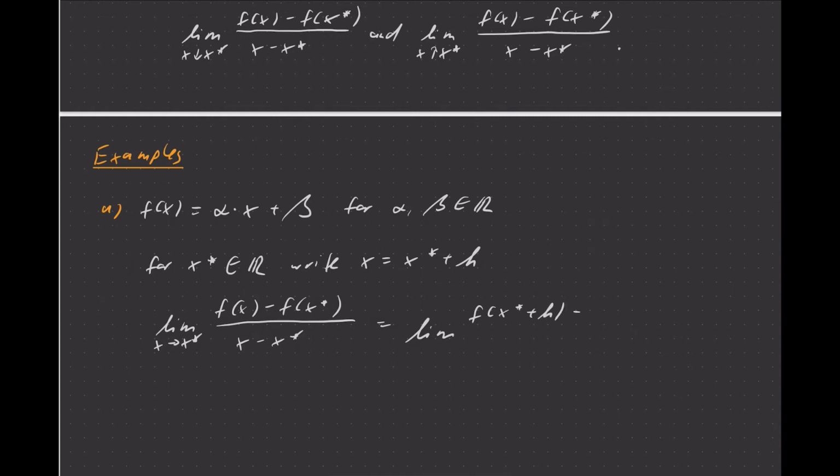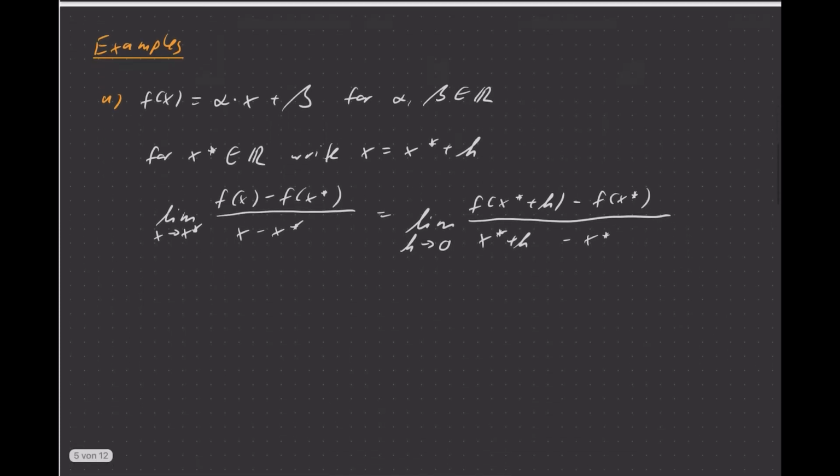So x is x star plus or minus, h could also be negative, plus or minus some h, minus f of x star. And of course, for x, we also write x star plus h minus x star. So one could express this limit in this way. And then x tends to x star is the same thing as h tends to 0. So this is the limit as h tends to 0. And remember, that means that h could also take on negative values, right?